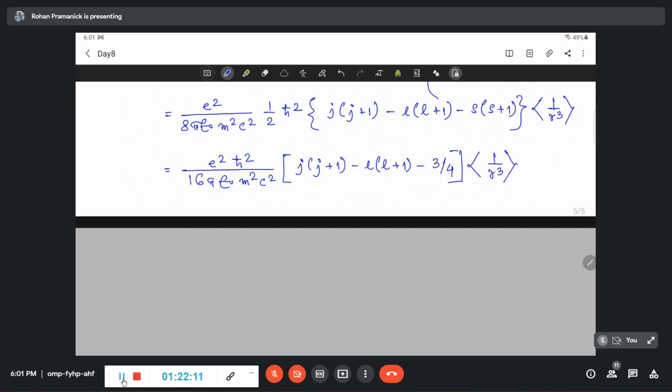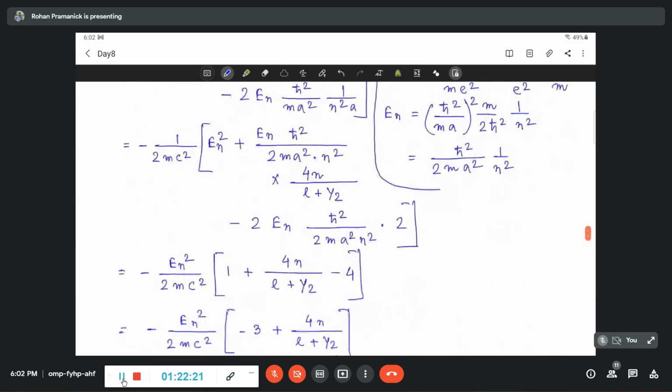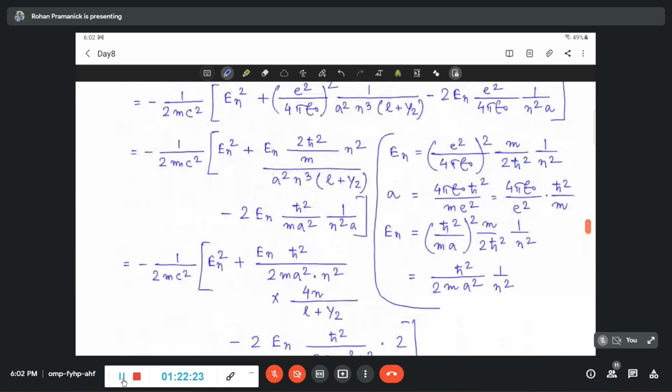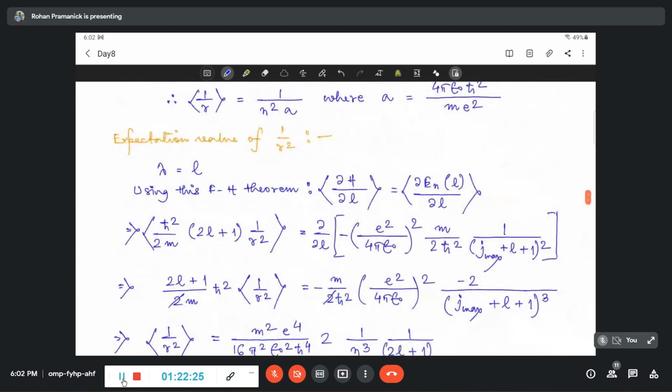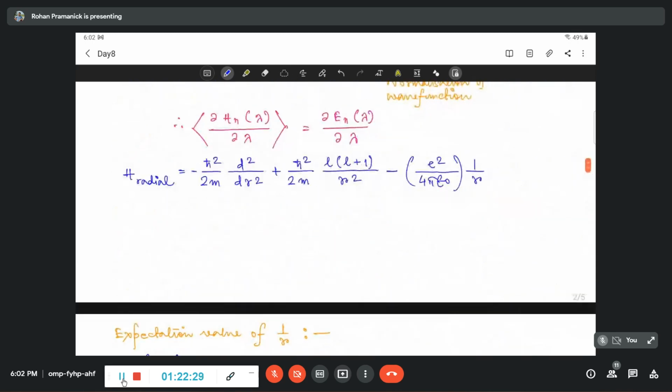Okay, so now I will ask you a question. Should I do this 1 by r cube? Because this is non-trivial, because with whatever Feynman-Hellmann theorem we have done, there is no such thing as r cube in this radial Hamiltonian.